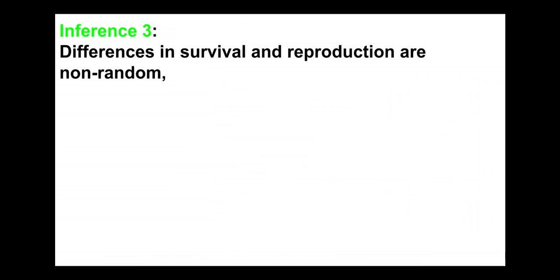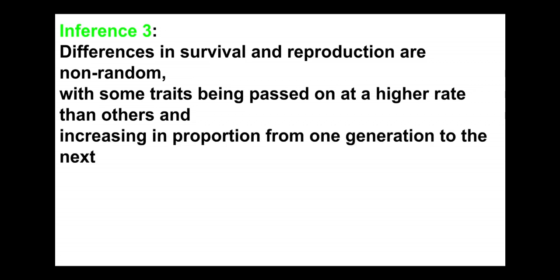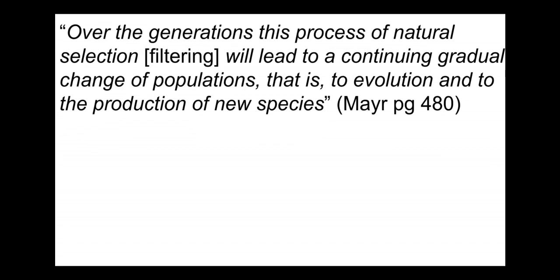So differences in survival and reproduction are not random. Differences in survival and reproduction depend on genetics. So some traits, and the genes that underlie them, are going to be passed on at a higher rate than others. That means these traits are going to be more highly represented in future generations. Mayr puts it better than I can.